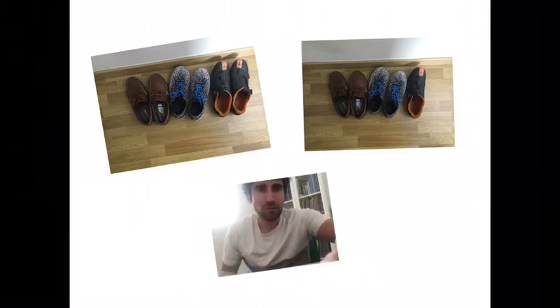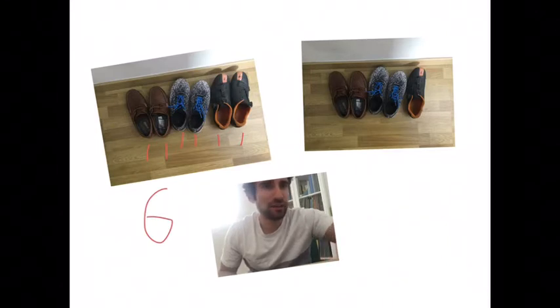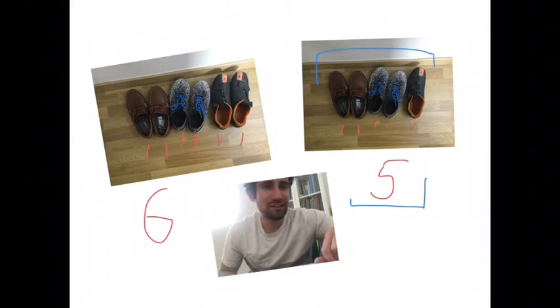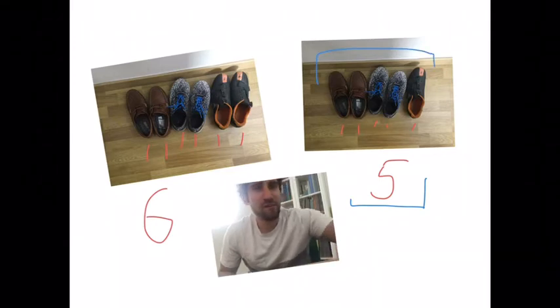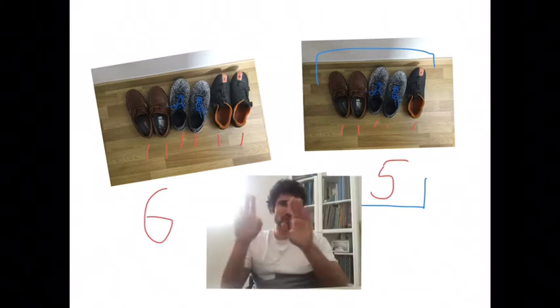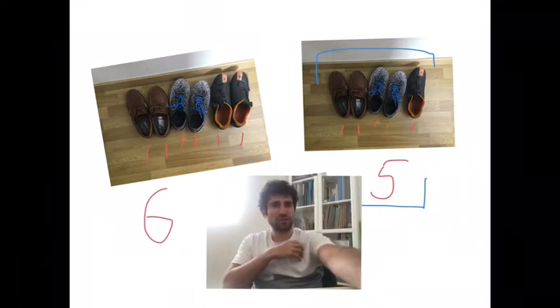Let's count. 1, 2, 3, 4, 5, 6. I've got six shoes there. How many shoes do I have there? 1, 2, 3, 4, 5. I've got 5. This one looks a bit odd, doesn't it? That's not quite right. It looks odd because normally the shoes are always together, but that one does look a bit strange.